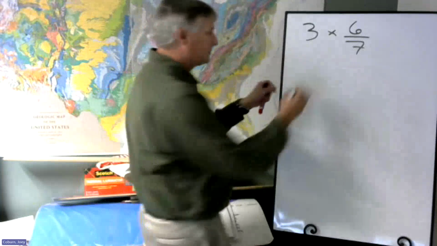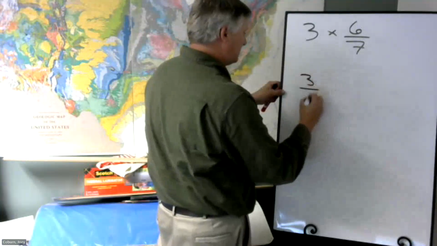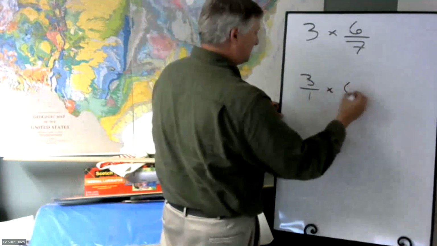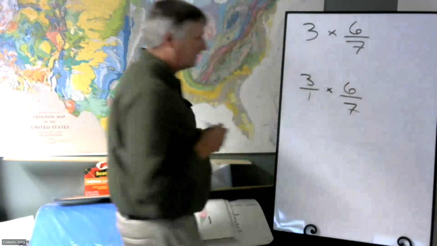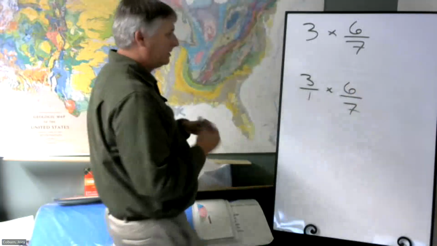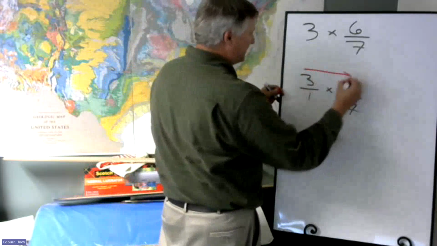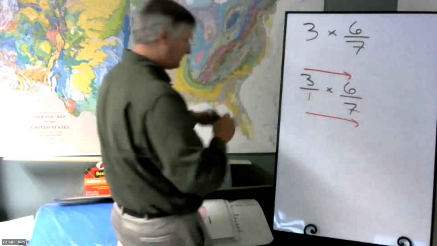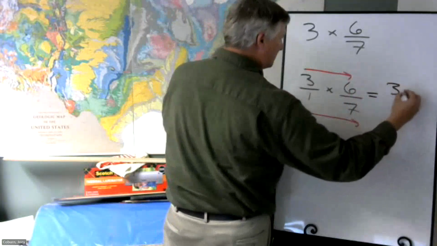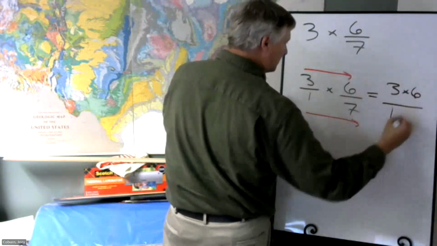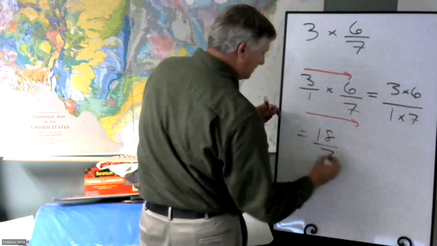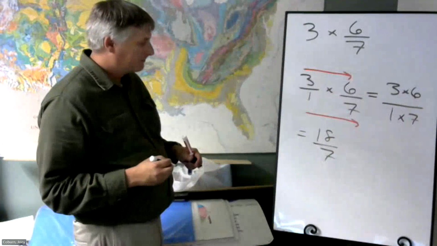All whole numbers can be written with a denominator of 1. Now we can do the fraction multiplication. So we multiply directly. And we get 18 over 7.